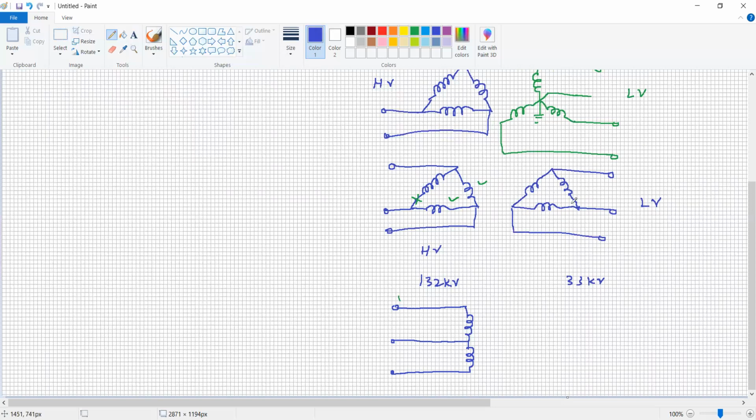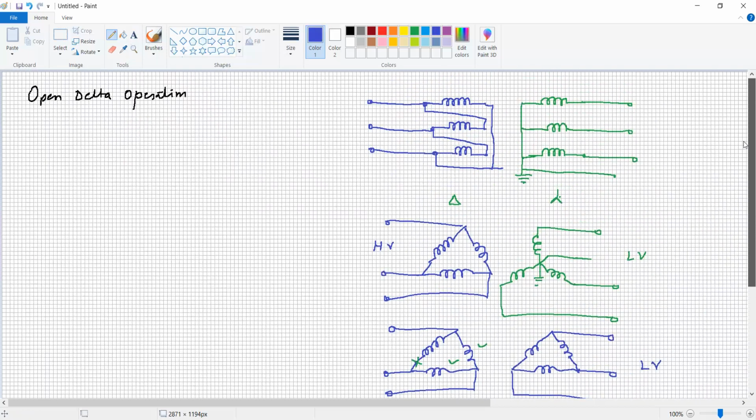Similarly, if this winding is disconnected, so these two windings are there, and it works on open delta operation. Okay, so we will redraw this figure for some small derivation. This is called an open delta or VV connection.